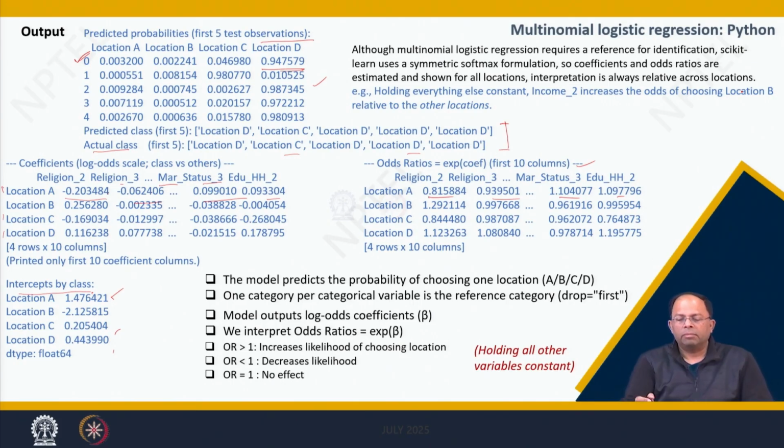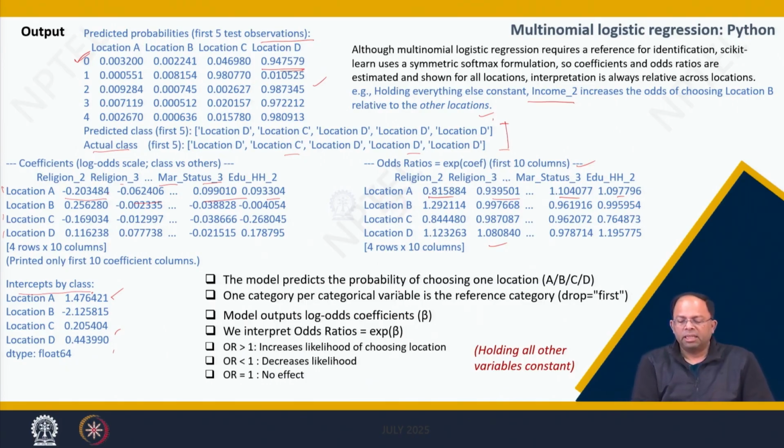For example, holding everything constant, income 2, which is not printed here but is there as well, is one of the predictors that increases the odds of choosing location B relative to other locations. So this is how we should interpret the results, right? We show how each of these parameters is important and how it plays a role.